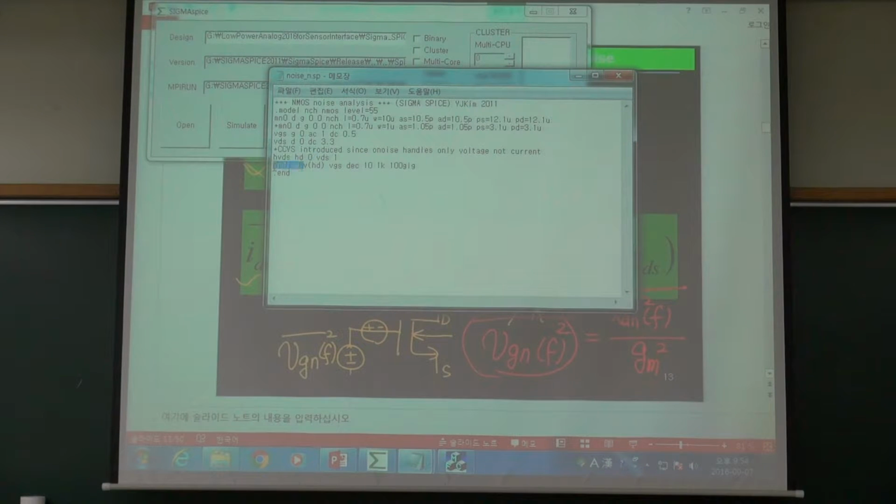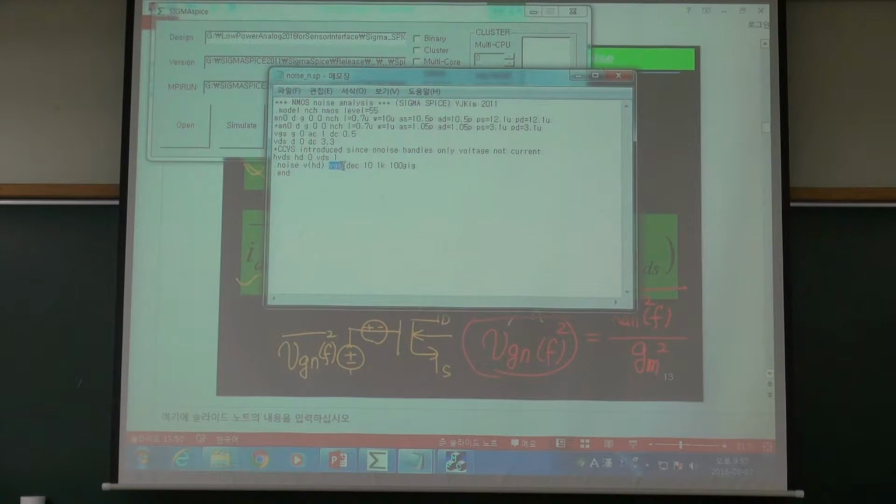So I use the .noise analysis, which takes output and input. My output is just the voltage source HD. This noise analysis requires voltage instead of current, so that's why I use the current controlled voltage source to put the voltage here. The output voltage is just the drain current.